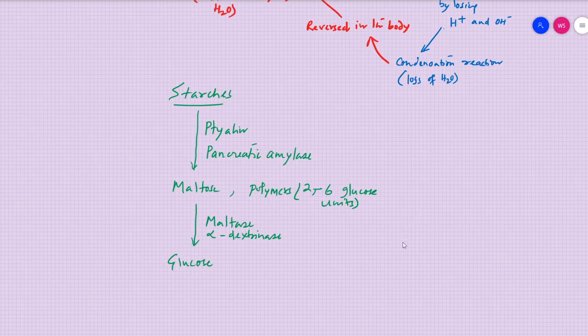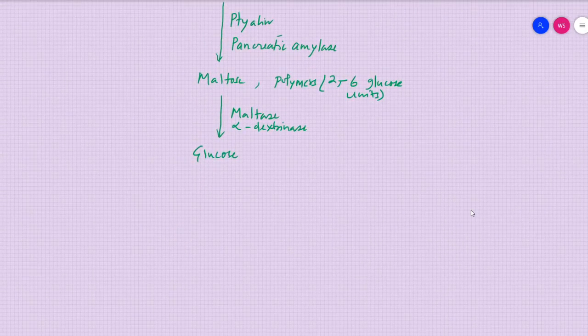Now, we have talked about lactose and sucrose. Let's see what happens to lactose. Let's take another color. Lactose is a common sugar that we consume as a part of our diet. It's a milk sugar.